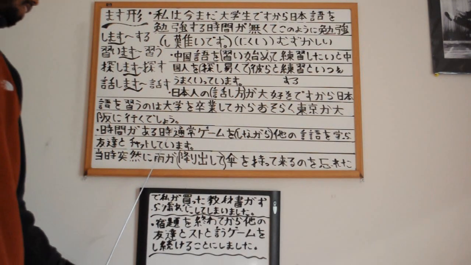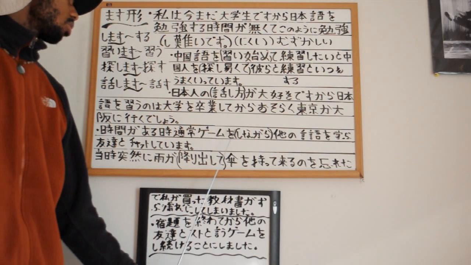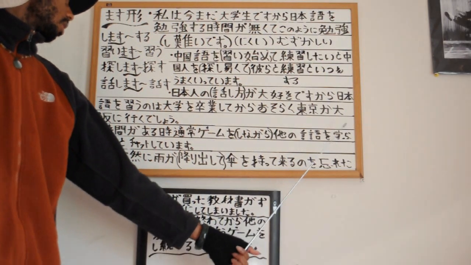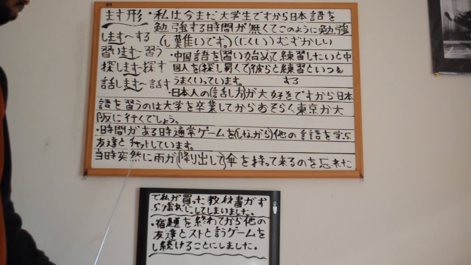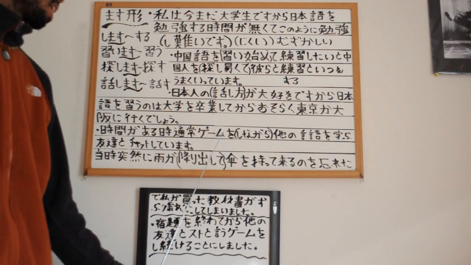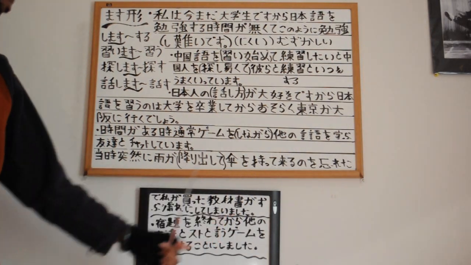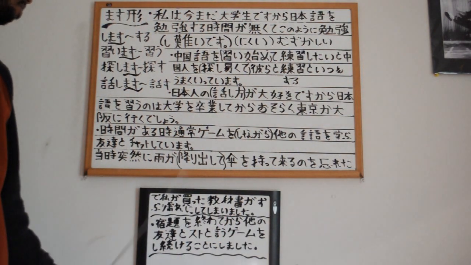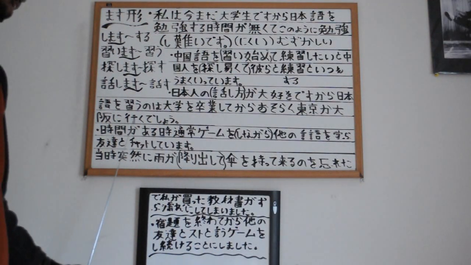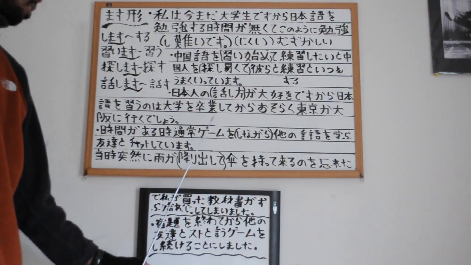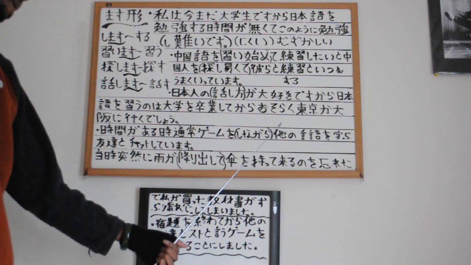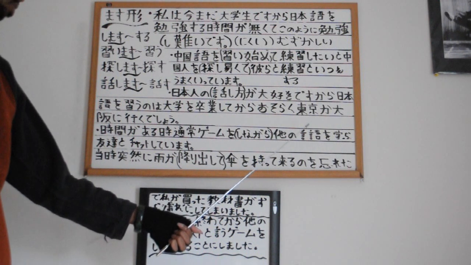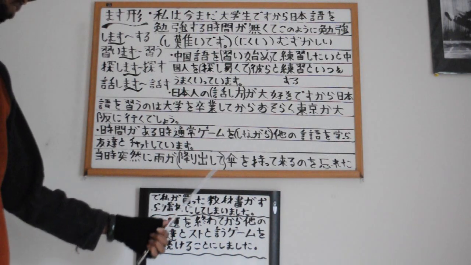Okay. So, jikan ga aru toki, tsujo game o shinagara hoka no gengo o manabu tomodachi to chatto shiteimasu. Translation: When I have time, normally while I am playing the video games, I chat with other friends who are learning languages.